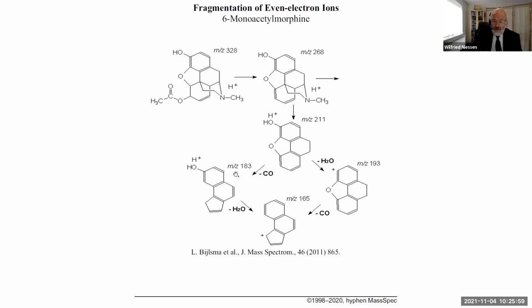Simply because if you start fragmenting a fragment, you are doing basically something different than if you have the sequence of losses which you get in the collision cell CRD.